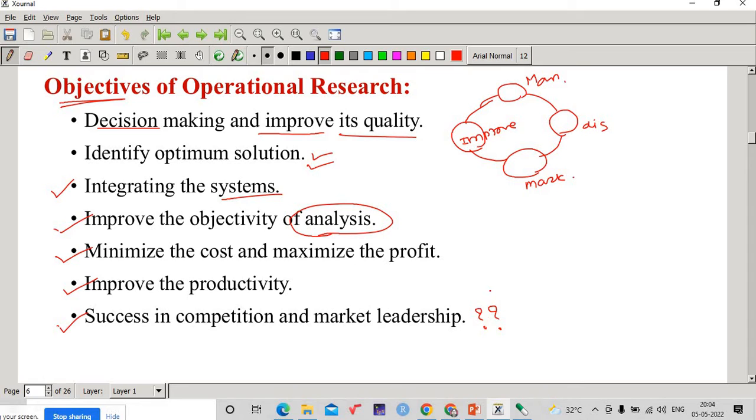So let me give you one example for this. You might know the Tanishq brand in the area of gold marketing. Everyone knows that brand? Yes. So Tata launched this brand many years back.